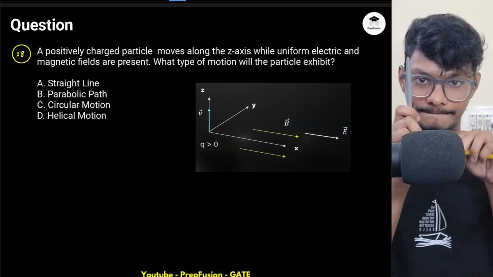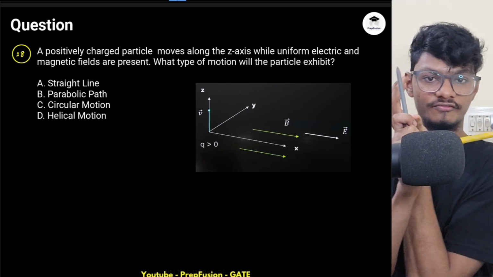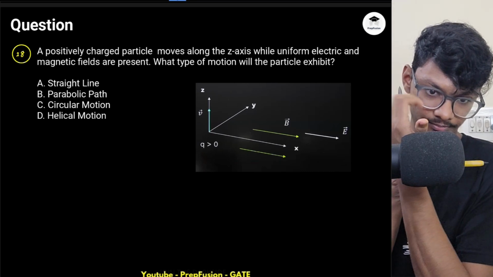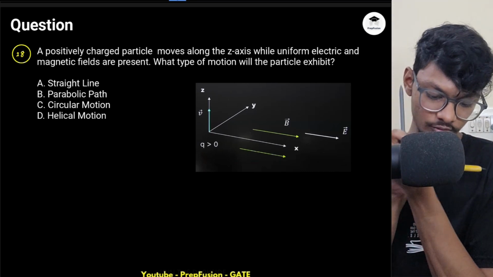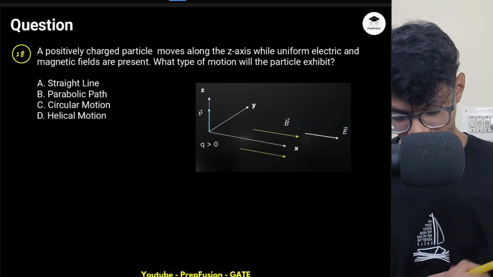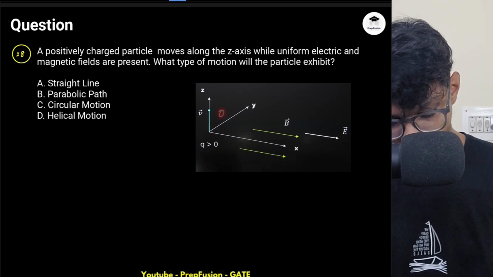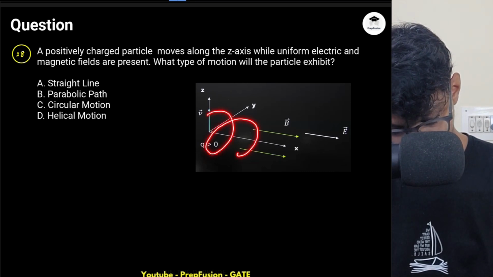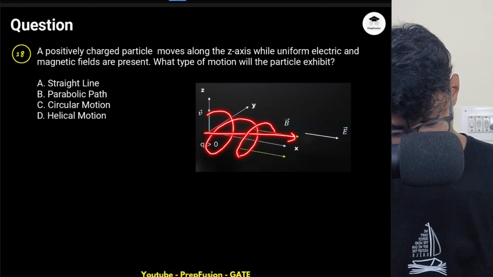So I'll just do V cross B. If I do V cross B, what do I get? It will be inwards, going into the plane. So the force is going into the plane. So what will happen is that it will move like something like this. Okay, it will follow a linear motion and the force will be something like this, right?